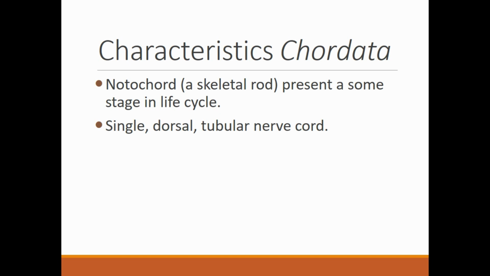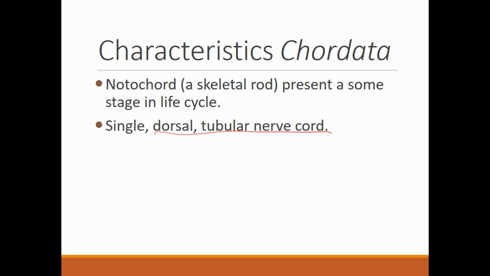All members of Phylum Chordata must possess a notochord. Think of it as basically a support beam. Now, as it turns out, our singular dorsal tubular nerve cord, our spinal cord, happens to be encased in a spinal column, a column of vertebrae.